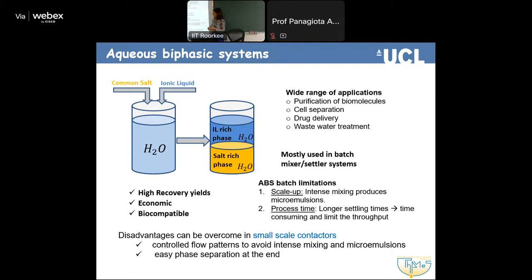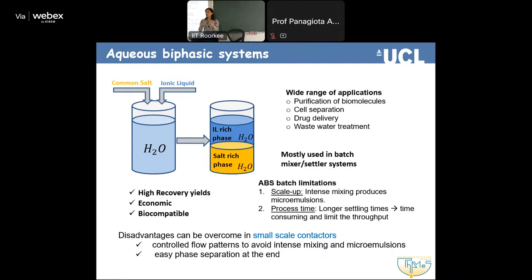I think I have some properties later on, which means if we have a system like a mixer, where the energy dissipation is very non-homogeneous, non-uniform, and we have areas with very high energy dissipation, very close to the impeller, and very low further away, microemulsions were generated. If we create microemulsions, then it's very difficult afterwards to separate the phases.